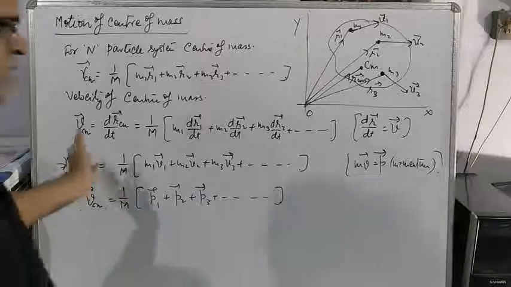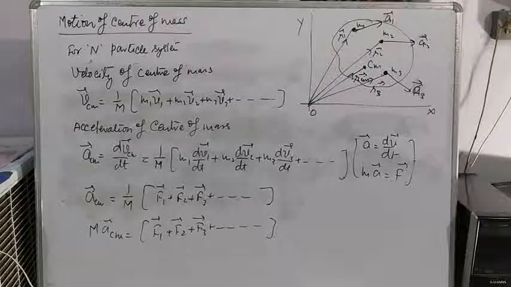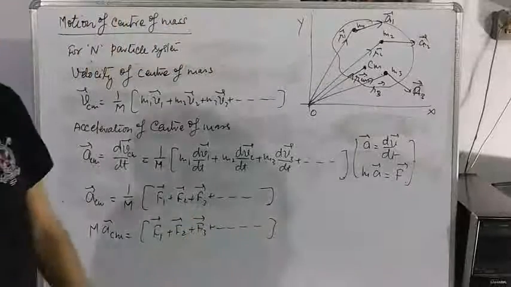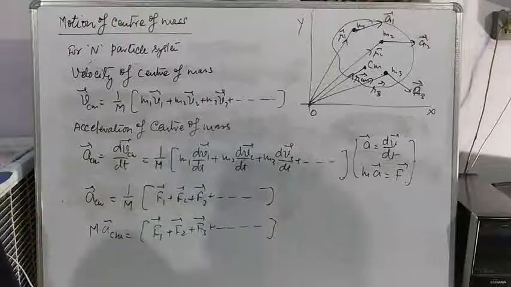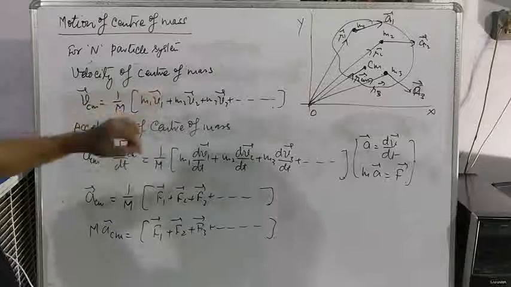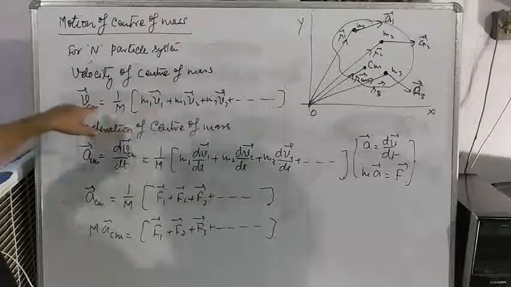Simple explanation, I suppose you are understanding. Students, you have just seen that the velocity of center of mass of an n particle body, n particle system, is given by this equation.